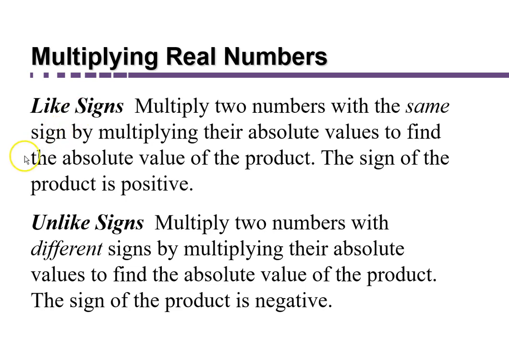Now, if you are multiplying two factors with unlike signs, that's one negative and one positive, the result is always negative. So these are some of the basic rules, and you had this in elementary school and junior high and high school. We're just reviewing some basic vocabulary here and the results of operations.